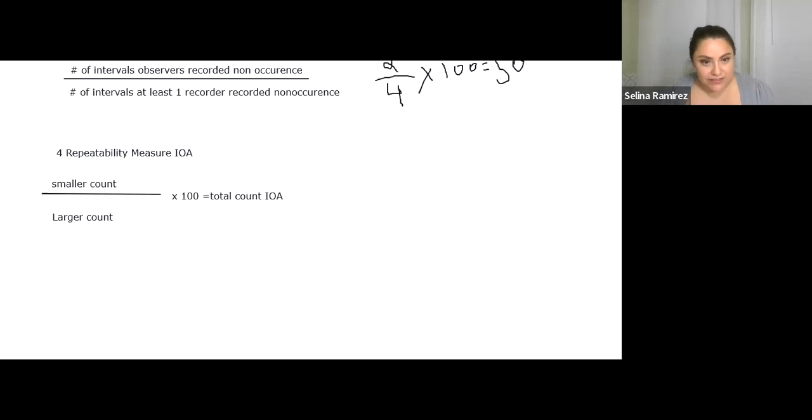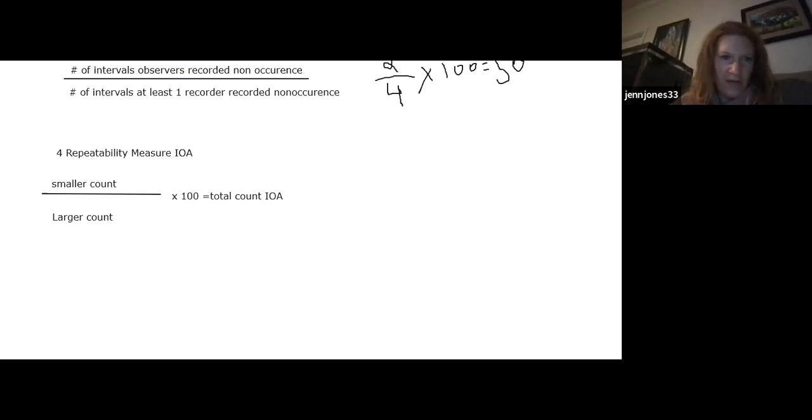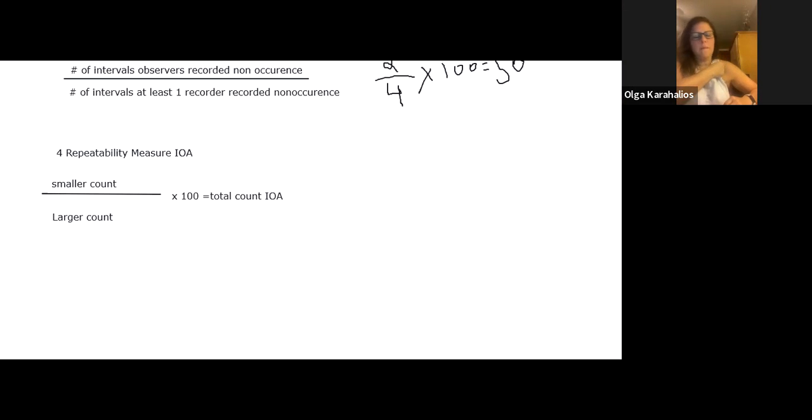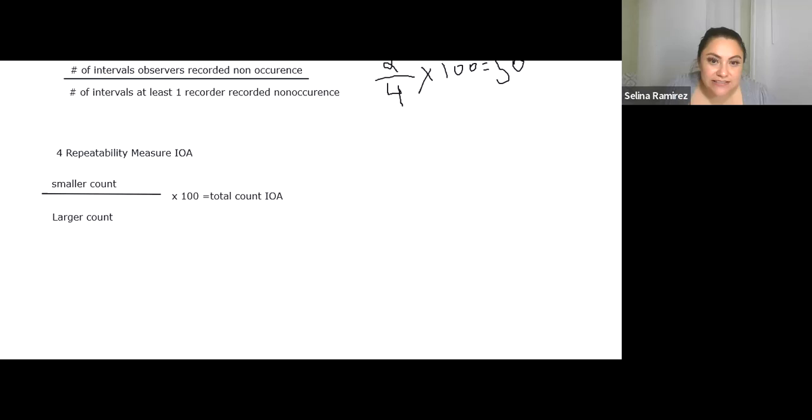All right, so what are we gonna do? What's gonna go on top? Smaller count. Smaller number, 9. Yes, so 9 over 10 curse words.